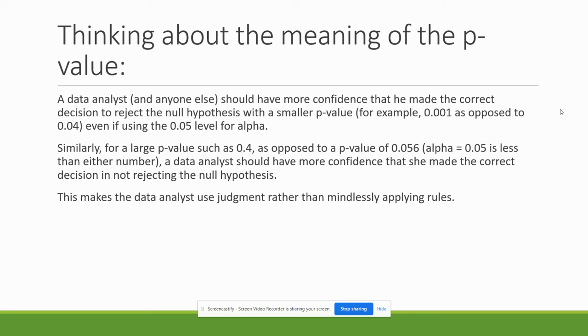Similarly, 0.4 as opposed to a p-value of 0.056, if the alpha is 0.05, I would be more confident that I've made the correct decision in not rejecting the null. So think about it this way. The smaller the p-values are as they keep going, the more confident I am in rejecting the null. The bigger the p-values are, the more confident I am in not rejecting the null.